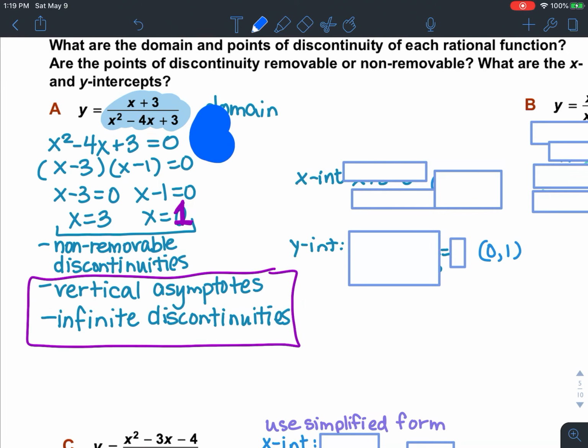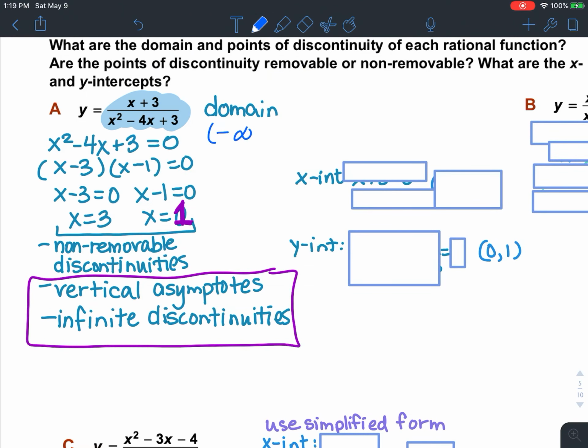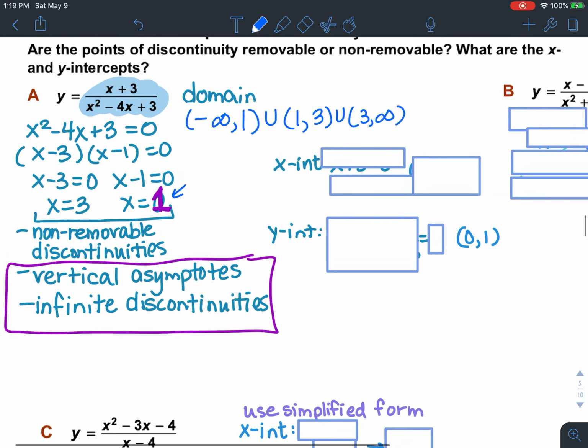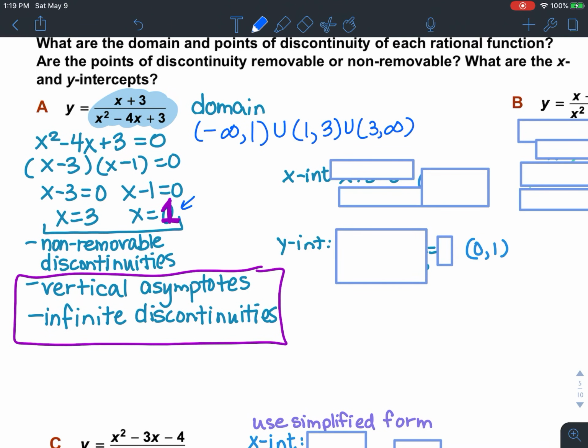So our domain, I walked right into that one, didn't I? Is going to be negative infinity to 1, union 1 to 3, union 3 to infinity. The union is just how they connect it in set notation. Don't freak out about it. Okay. So that's the domain.